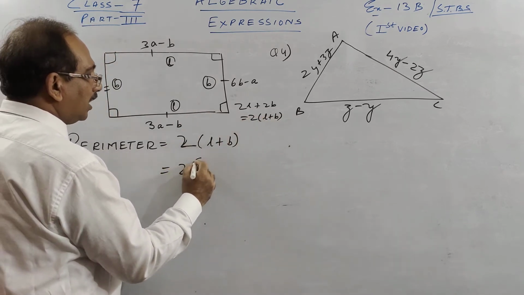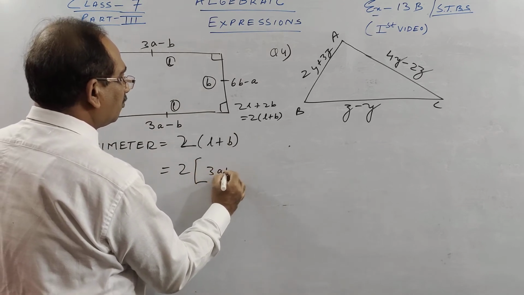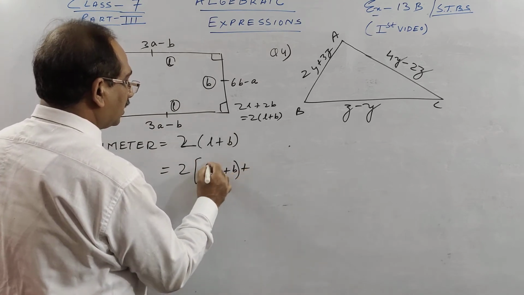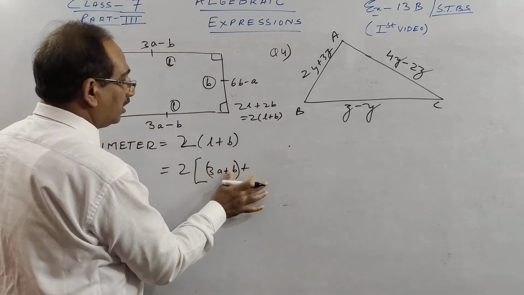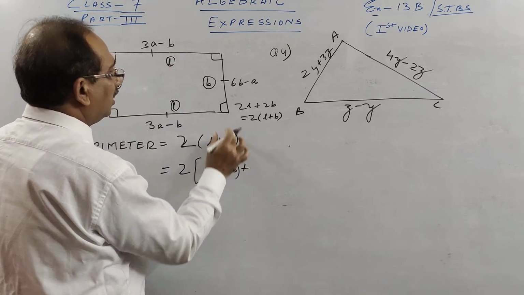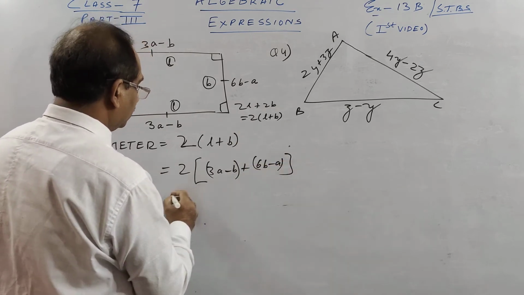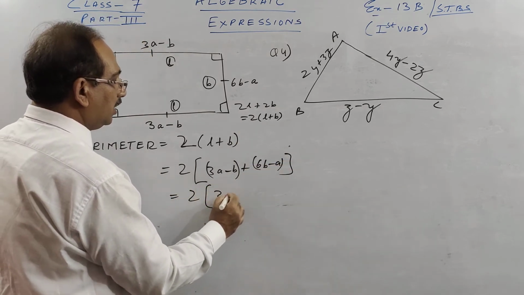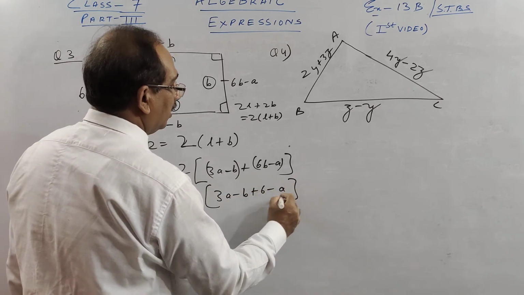So let the length be 3a minus b, and let the breadth be 6b minus a. So 2 times (3a minus b plus 6b minus a).